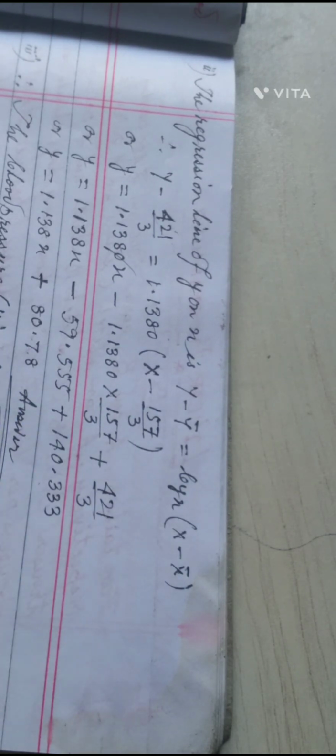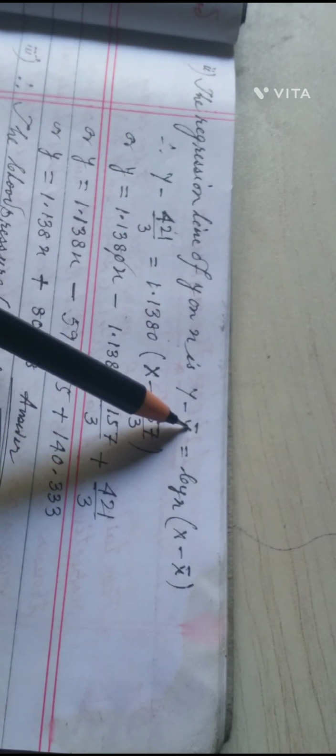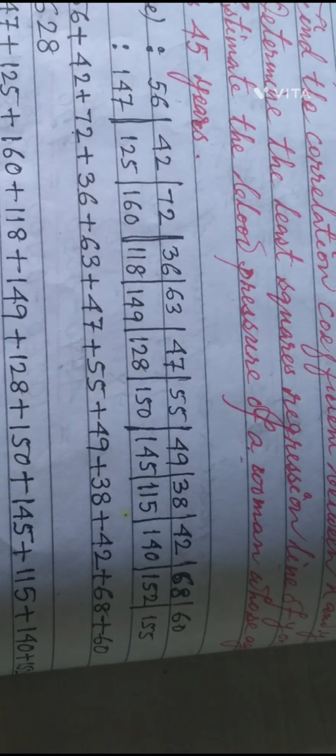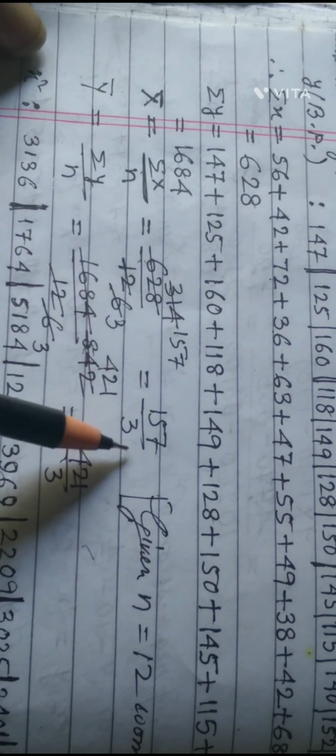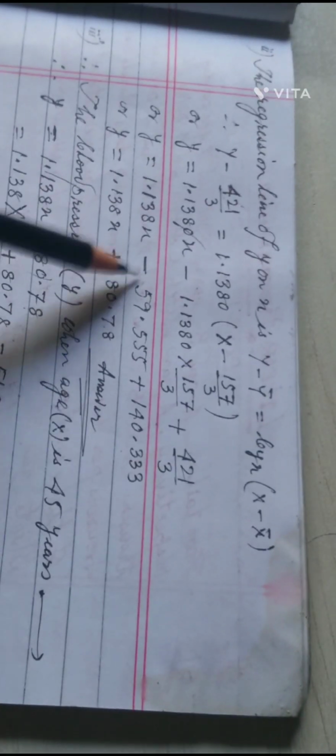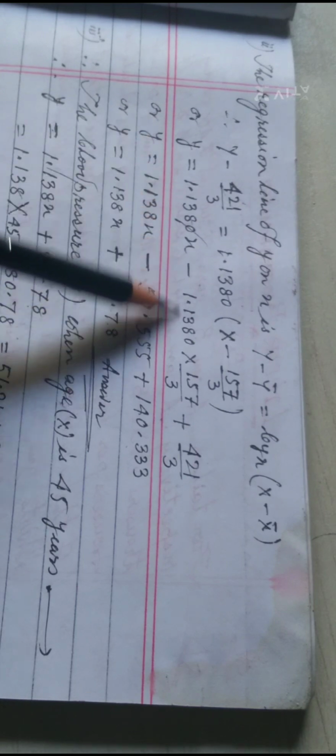But we know that previously we have already calculated all the things: x bar, y bar, x square, y square, etc. So at the place of y bar we have to put 421 by 3. पहले हमारा calculation है, देखो x bar यहाँ पर 157/3, y bar 421/3.